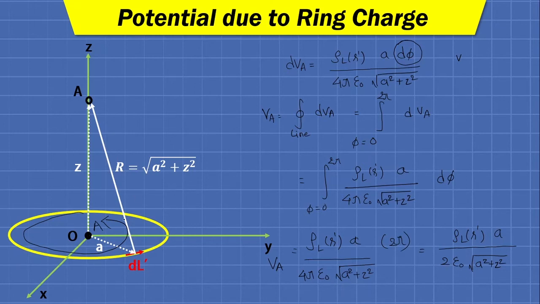If this situation is placed in any other medium, then in place of epsilon naught we are going to write epsilon r epsilon naught. So this term depends on the medium. In this case we considered air or vacuum as the medium, that is why epsilon naught is there in the equation, multiplied by under root a squared plus z squared, which is nothing but the distance from the differential length to the point of interest.